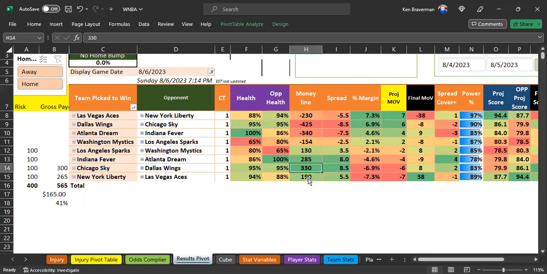So you could have got them at plus 190 before the game, and then you had forever to get the Aces in the second half when they were plus everything the whole time. They were demolished in the third quarter. It was over. It was unbelievable. So the algorithm points these things out, and it becomes very easy to start securing profit along the way. And then it doesn't matter who wins.